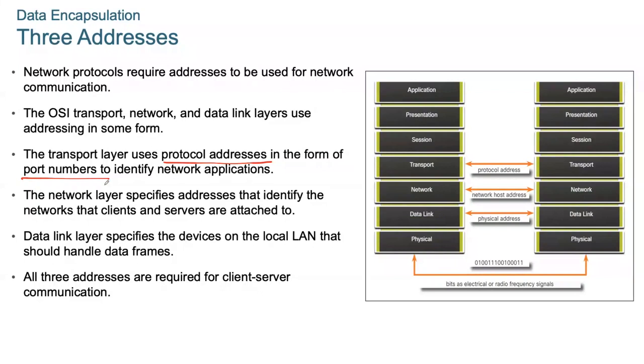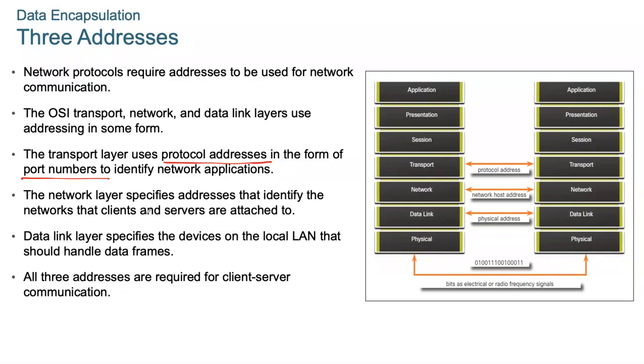When we talked about port numbers, if you recall, we used port number 21, port number 20, 23, port number 443. These port numbers are the addresses. These addresses belong to a layer of your TCP/IP model. That layer is your transport layer, right?